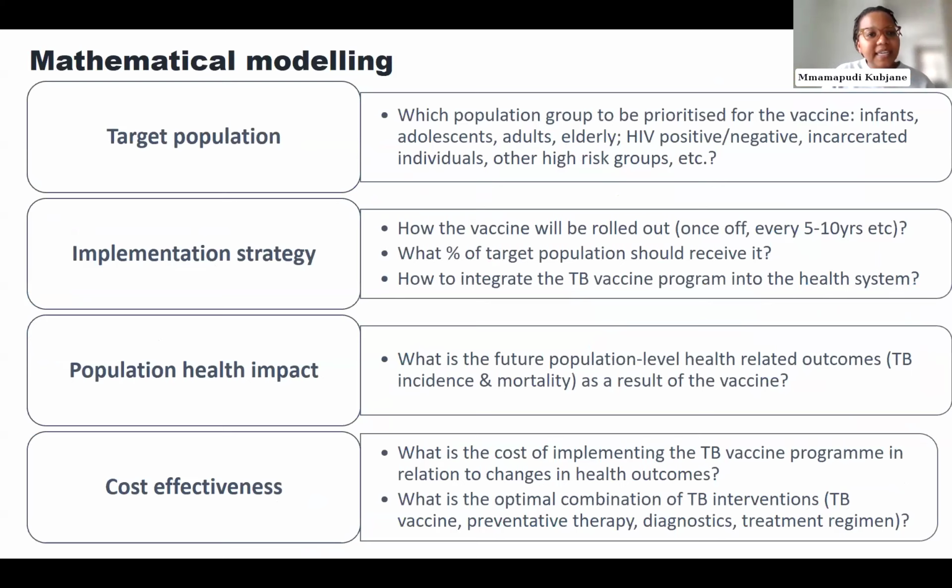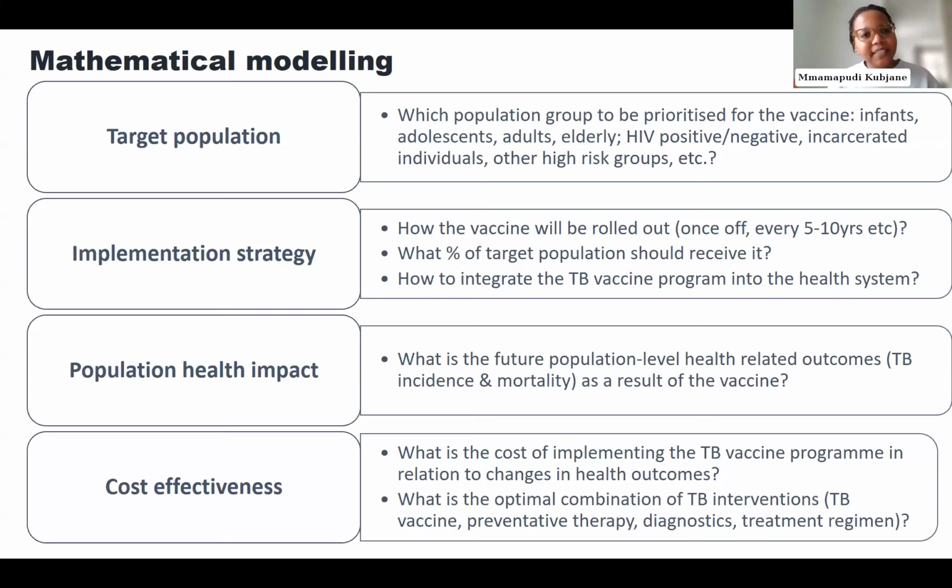And so some of the key uses in terms of TB vaccine modeling, how the mathematical models could be useful. It is, for instance, looking at the target populations that would be prioritized to achieve the most impact.